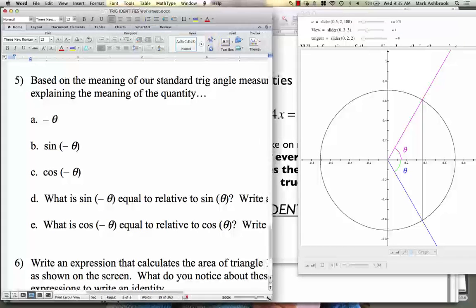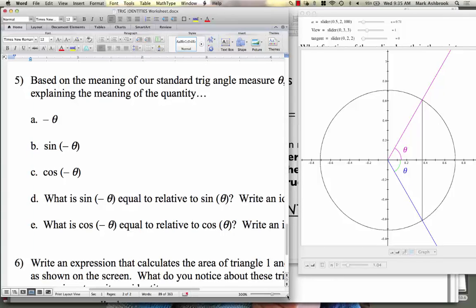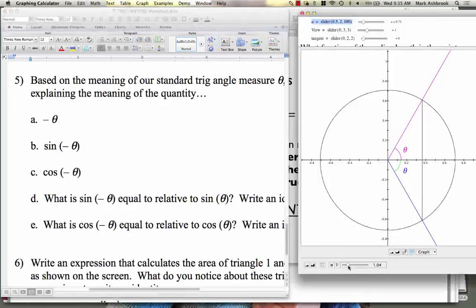If you swept an angle counterclockwise of theta, like the pink one, that's the standard angle theta. Then minus theta would be the blue one, the same angle swept clockwise.